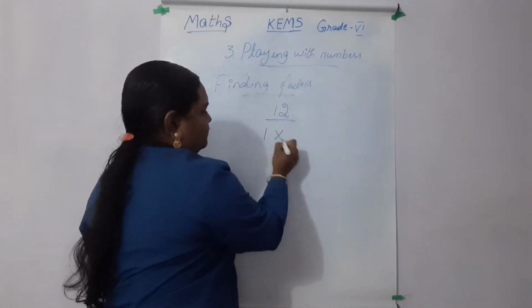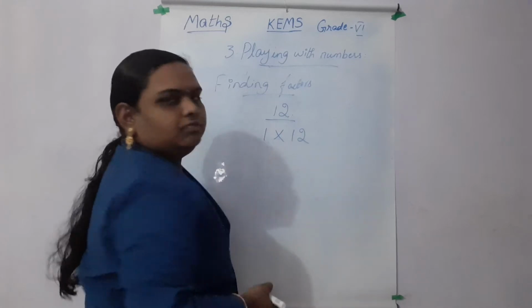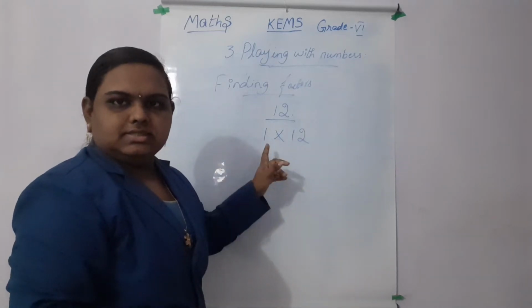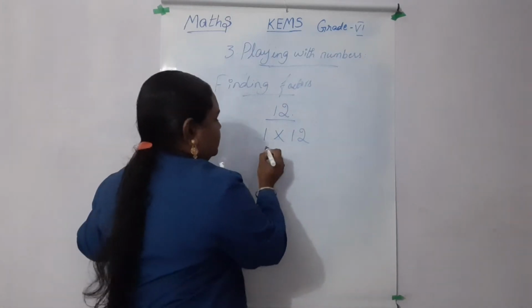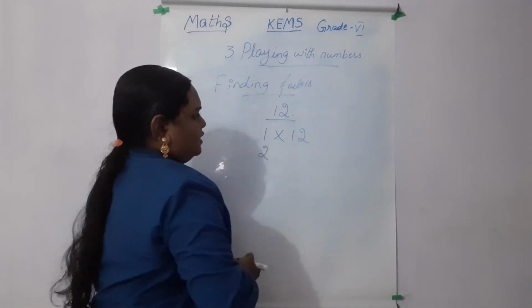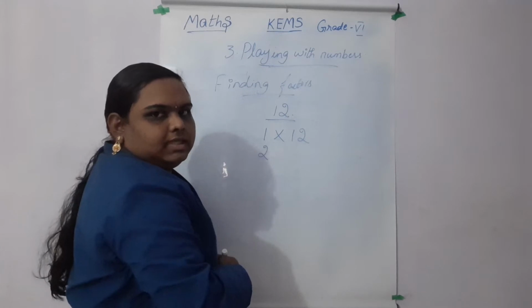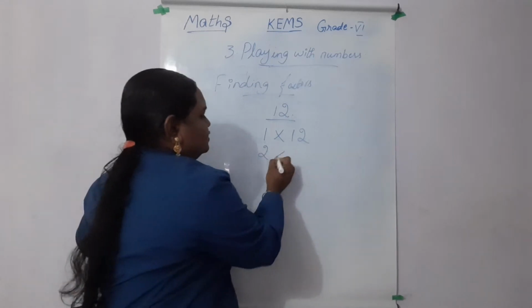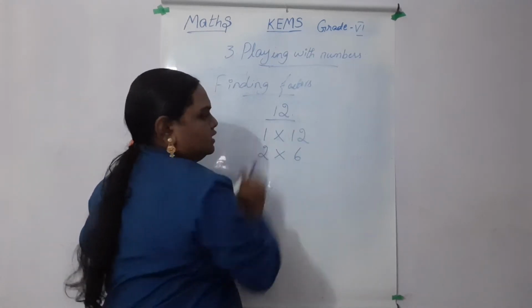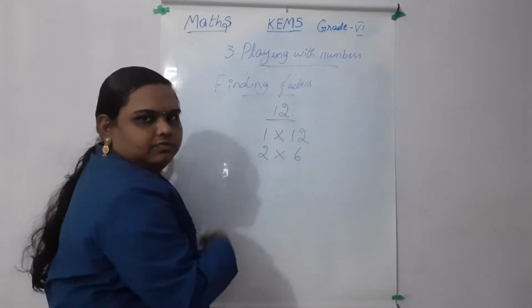In 1 I can write 1 into 12, answer is 12. Then if I take the number 2, can I multiply with any other number to get the answer 12? Yes, 6. So 2 into 6, 6 2s are 12 or 2 6s are 12.